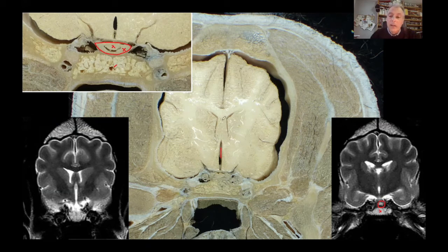So, and then on both sides we have the cavernous sinus, okay, the internal carotid artery, okay, and you see these are all nerve structures, okay. Which nerve structures are they?